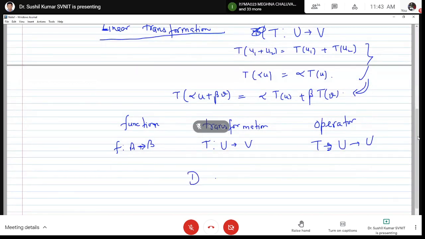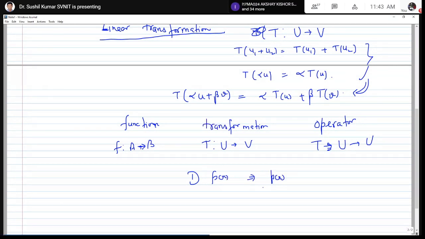If you differentiate polynomials, then the answer is polynomial. Okay, so D is from Pn x to Pn x, you can say. So this one is a vector space of polynomials, and this is also a vector space of polynomials. Derivative of exponential function is always exponential function.